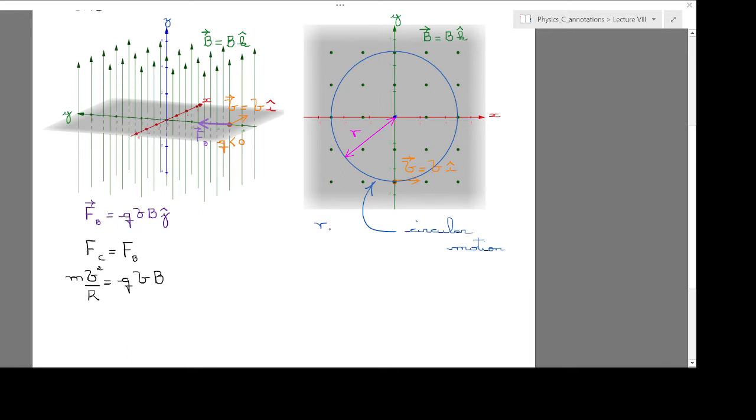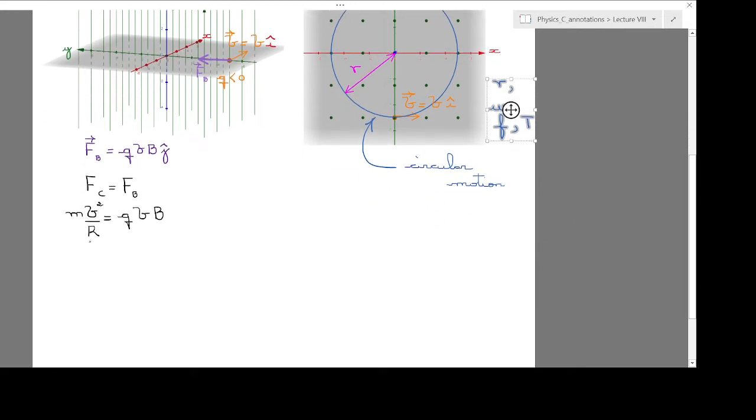It's going to be the radius, the angular frequency, the frequency of motion, and what else do we have? Yeah, the period. So those two are actually equivalent. So we are interested in finding expressions for these, and the radius is very easy.